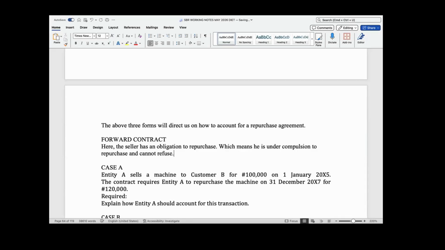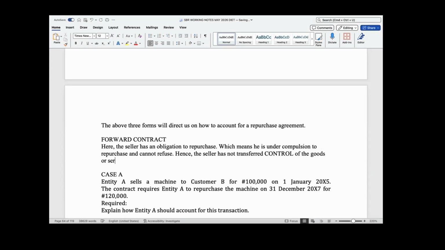So he must purchase. Hence, the seller has not transferred control of the goods or services. So revenue cannot be recognized.